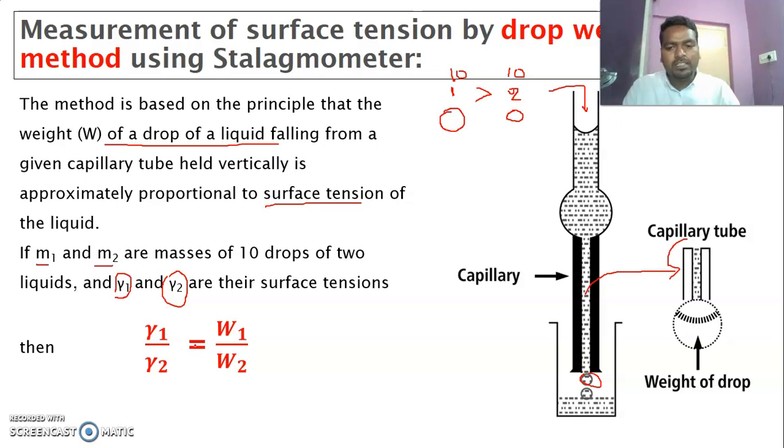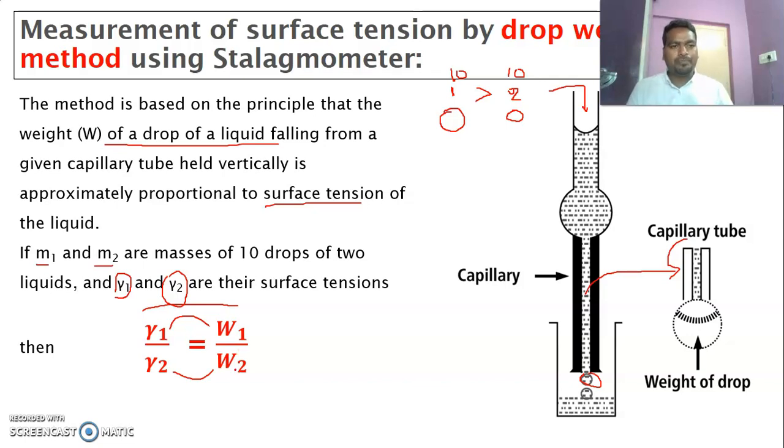This equation means ν1 is proportional to its weight and ν2 is proportional to its weight, as we discussed in the principle: the weight of a liquid drop is proportional to its surface tension. So this equation signifies the same thing, that ν1/ν2 = W1/W2. That is, the ratio of surface tension of liquid 1 and 2 is equal to the ratio of weight of liquid 1 and liquid 2.